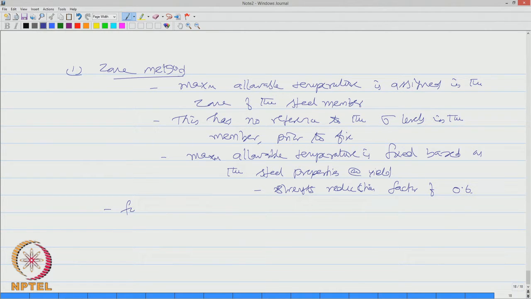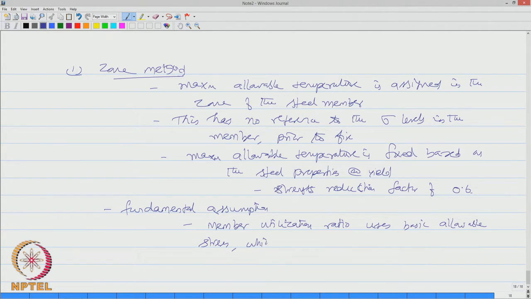This method has a fundamental assumption. The fundamental assumption is that member utilization ratio uses the basic allowable stress which is considered to be unchanged for fire load.